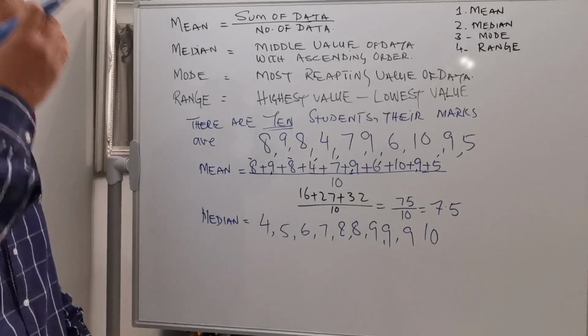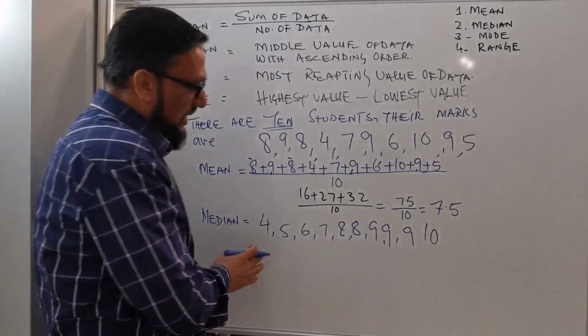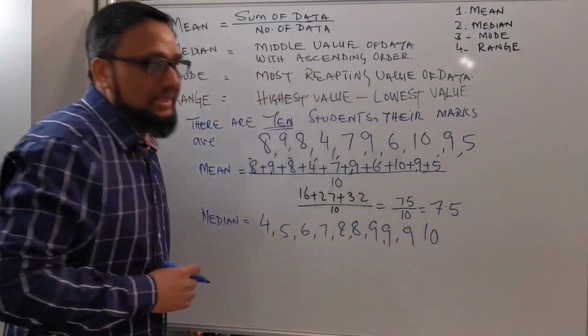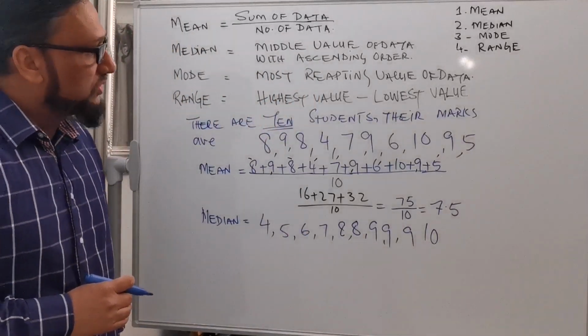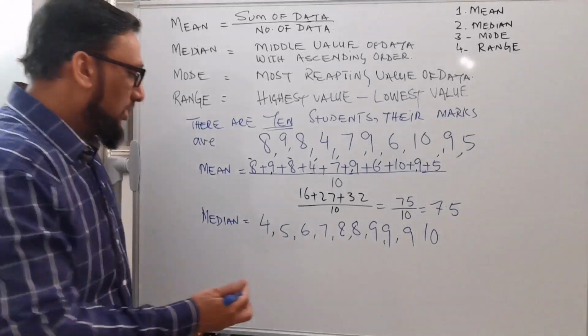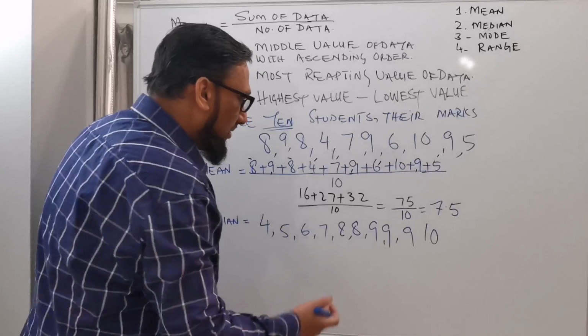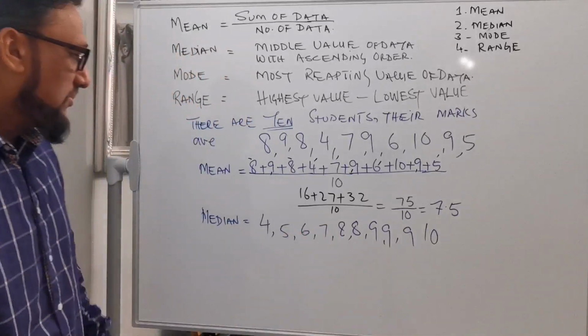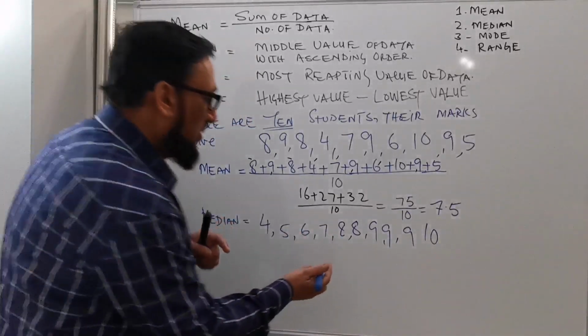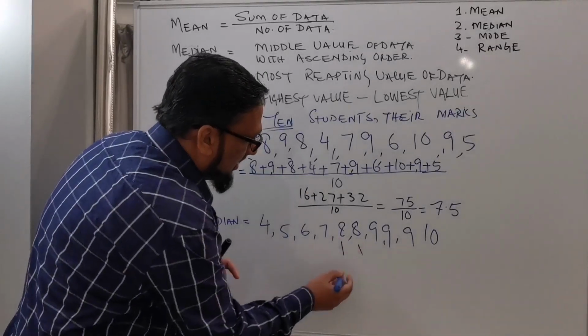And the median is the middle value. These are 10 data values, so it means the 5th and the 6th are the middle values.